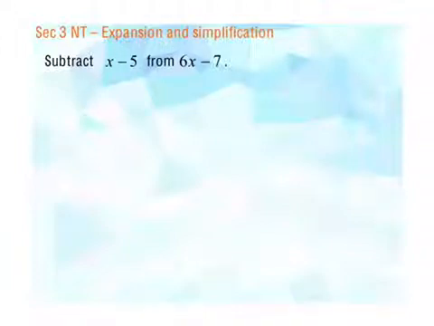In this question, we are asked to subtract x - 5 from 6x - 7. Now, subtraction means we need to do a minus and it will affect our sign. So the first thing that we do is to add brackets to our expression. Next thing, consider the following. They say subtract x - 5 from 6x - 7.